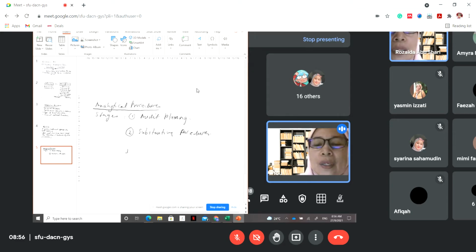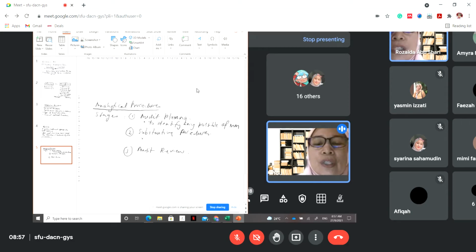And the third one is during the audit review. When you perform the analytical procedure at the planning stage, what is your objective? To identify any possibility of material misstatement.